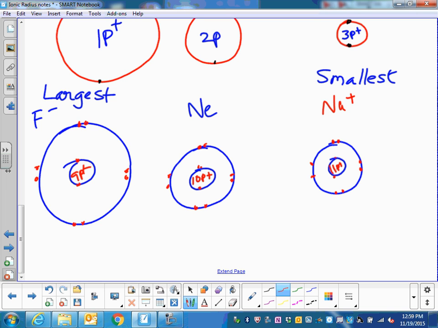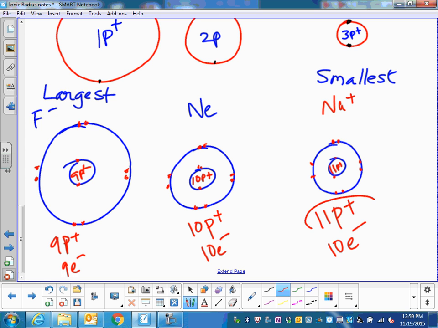Largest will be fluorine because how many protons are attracting how many electrons? 9 protons are attracting 9 electrons. In this case, 10 protons are attracting 10 electrons. In this case, 11 protons are attracting 10 electrons. In which case will the attraction be the most? When it's 11 protons, it is the most.